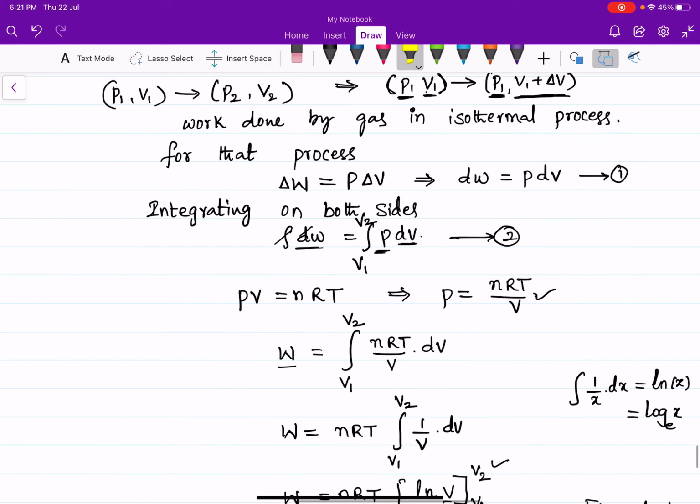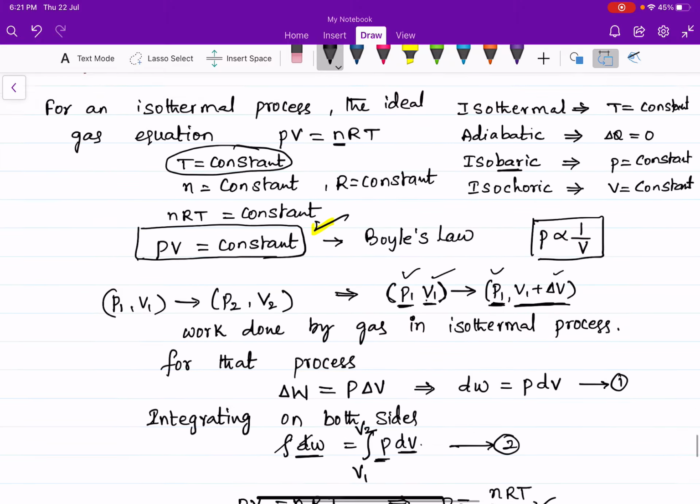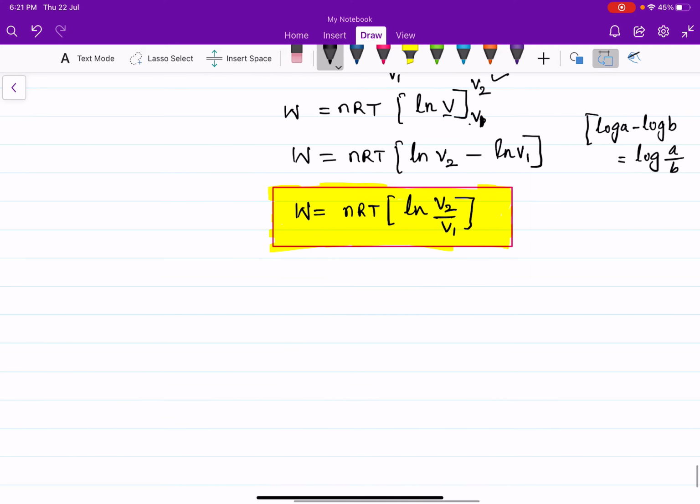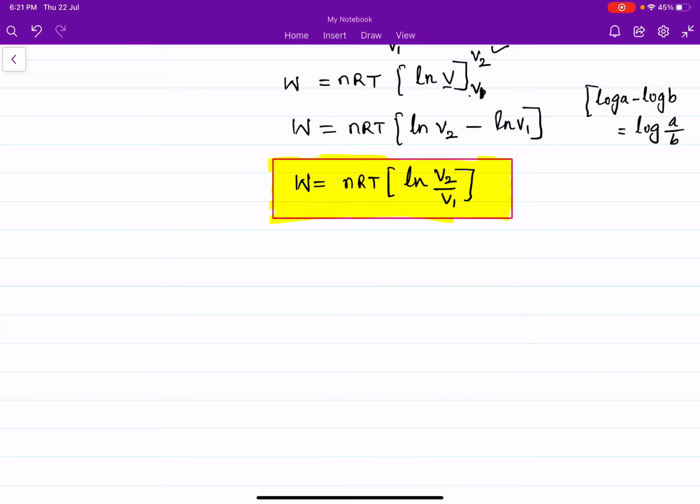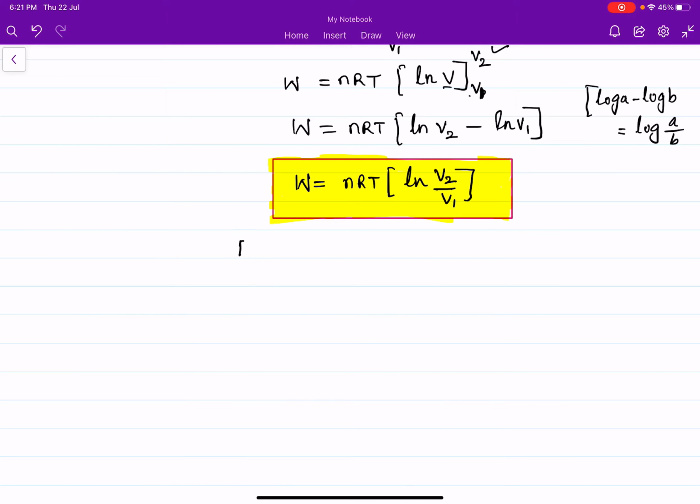As temperature is constant, PV is equal to constant, so P1 V1 equals P2 V2.